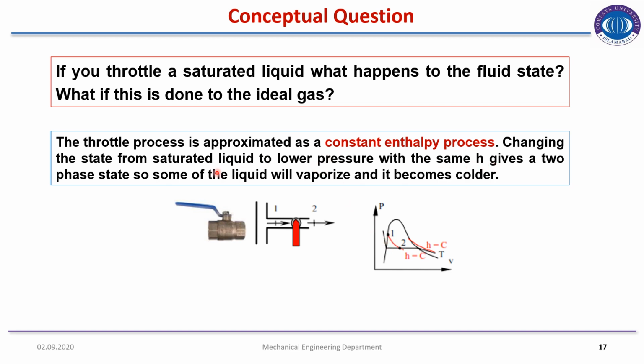So that means changing state from saturated liquid to lower pressure with the same h gives a two-phase state, liquid and vapor.